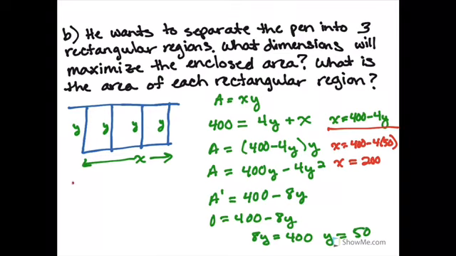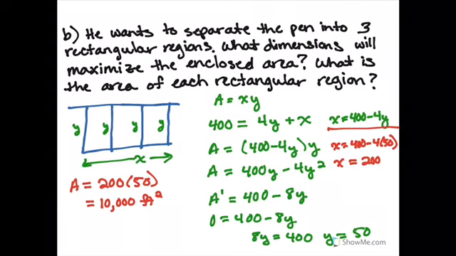So my total area is x times y, so it's 200 times 50, which is 10,000 square feet. Remember, we were told that our fence was 400 feet, so I know my units are feet times feet gives me feet squared.